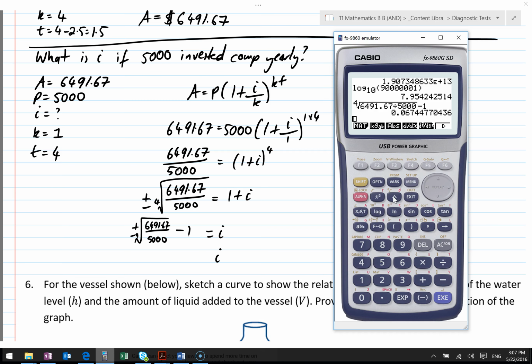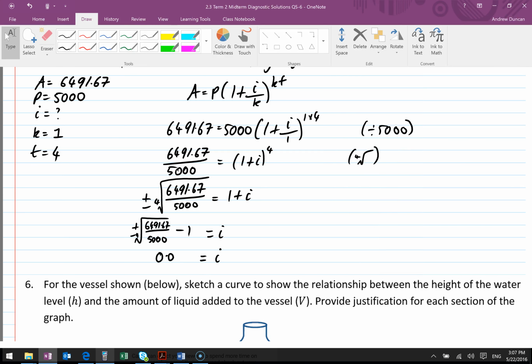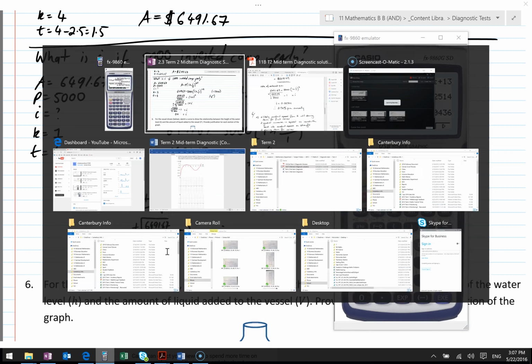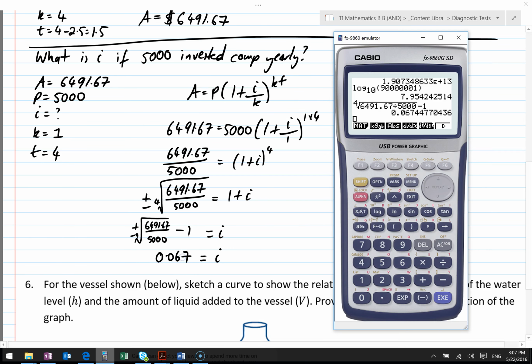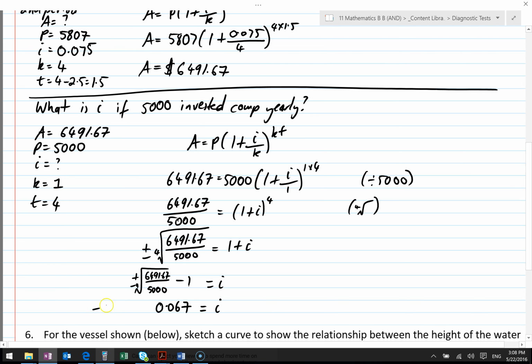Okay, so we got 0.067. What happens if I have a negative sign in front of this, which would be the negative solution? Okay, negative 2. So that solution doesn't make sense.